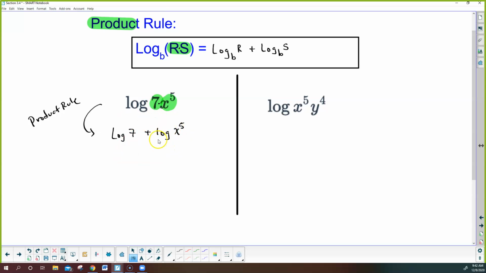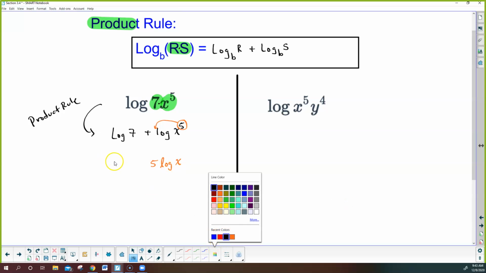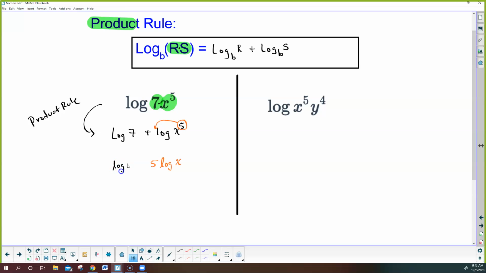But then notice we also have this exponent, right? So that actually can come down in front, and now my most expanded form is, what would log 7x to the 5th actually be written in terms of fully expanded?